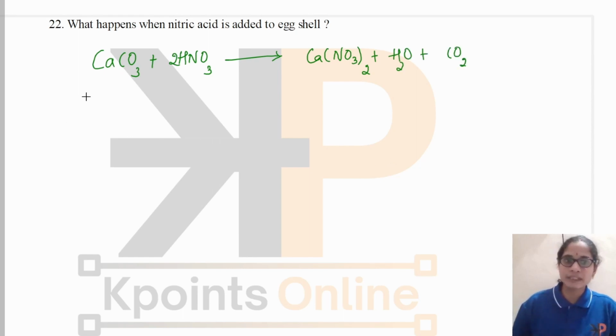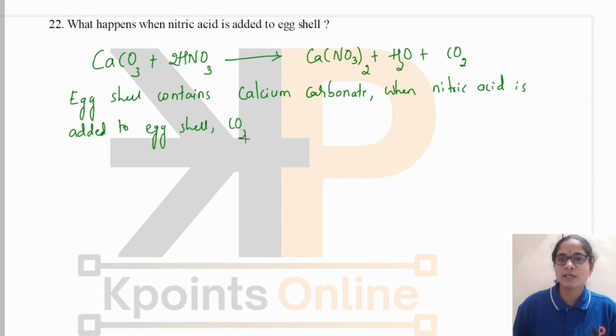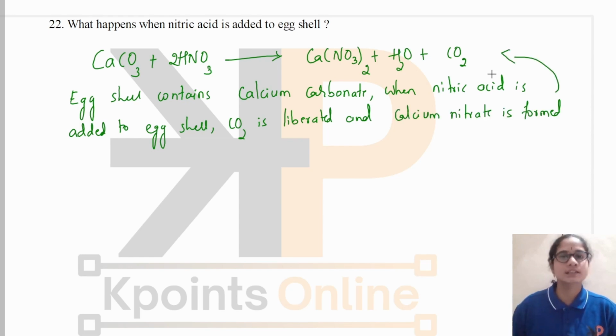So our answer will be eggshell contains calcium carbonate. When nitric acid is added to eggshell, carbon dioxide is liberated and calcium nitrate is formed. And you have to write the reaction then. Okay, this is calcium carbonate. When it reacts with nitric acid, calcium nitrate, water and carbon dioxide are formed.